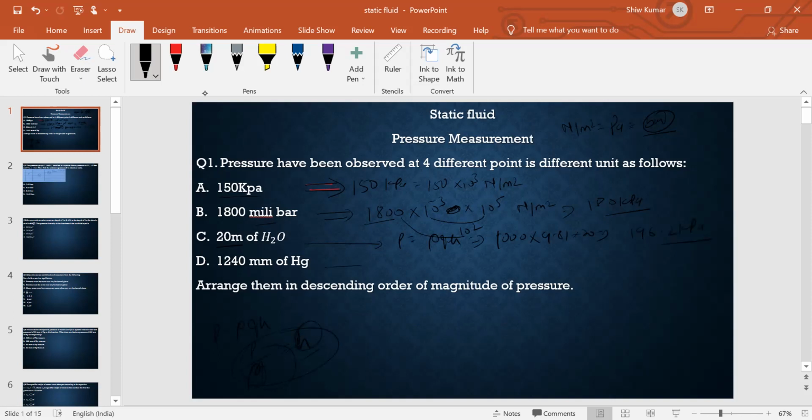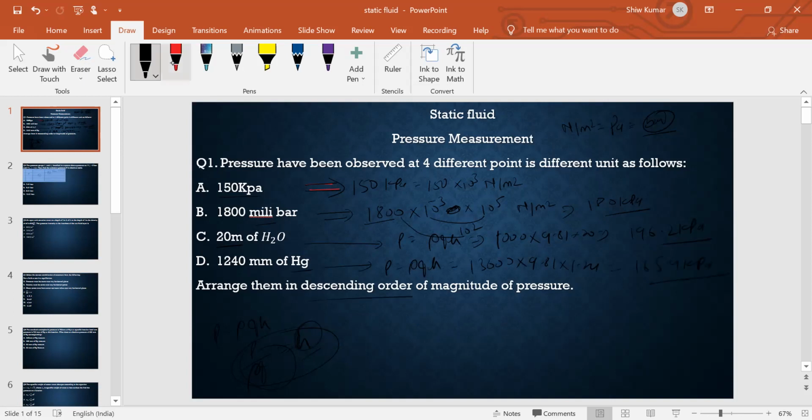And the next one, 1240 mm of Hg. Apply the same formula to find the pressure. Hg means 13,600 is the density, g is 9.81 and the height is 1.24. If you multiply them, you'll get 165.45 kilopascal. So we have to arrange them in descending order.